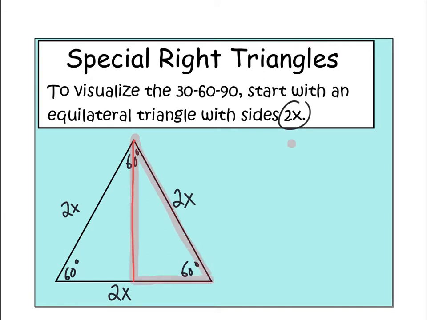I'm going to bring this out here so we can use it as our example. Let's think about what we have going on. That is the right angle. This is the 60-degree angle that was right down here. If the angle sum is 180, we have a 90 and a 60, so we have a 30-degree angle up here.